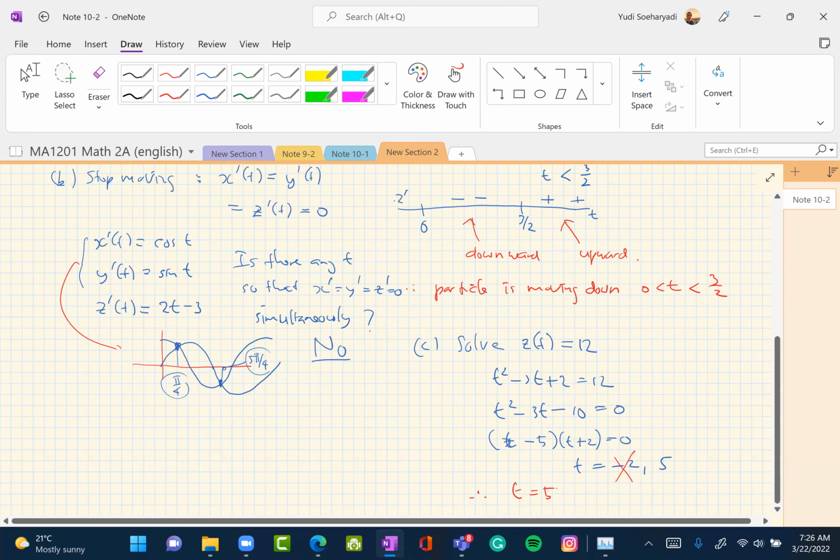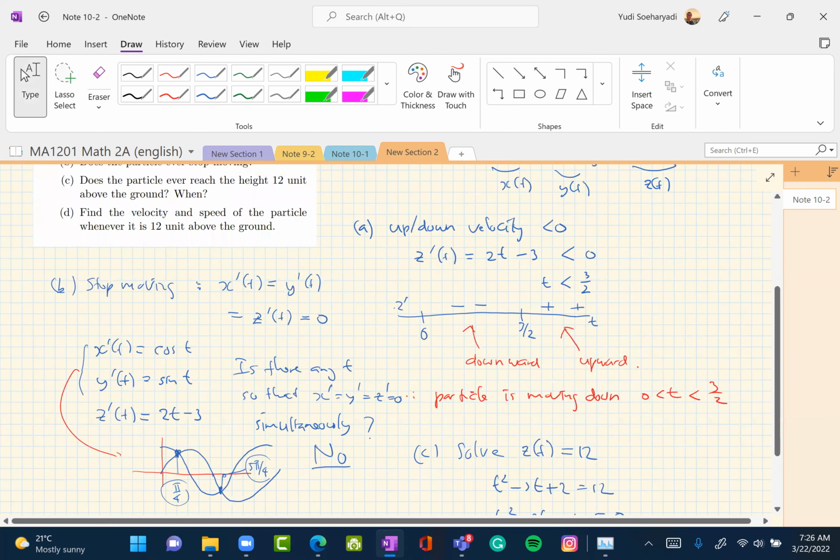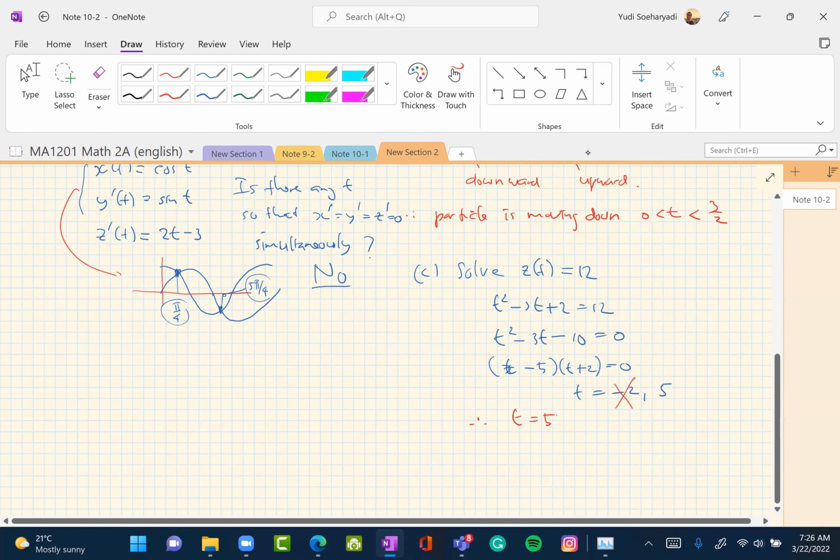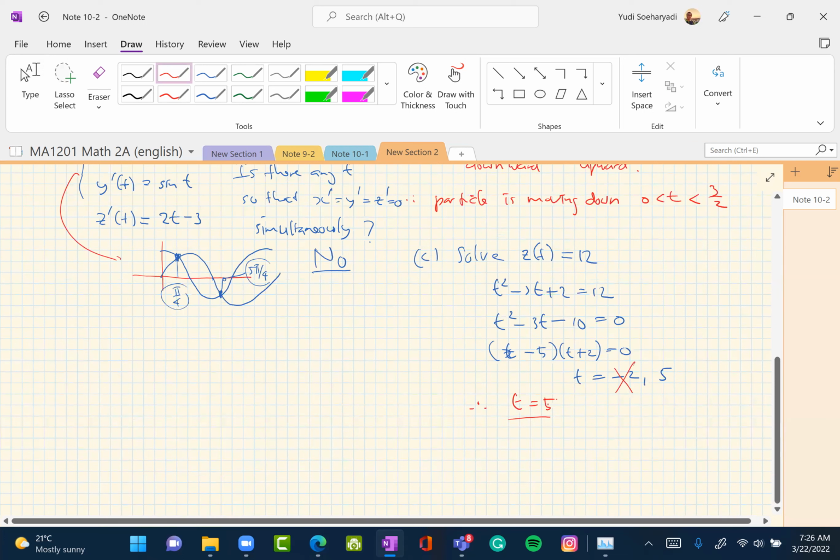Okay, and part D: find the velocity and speed of the particle whenever it is 12 units above the ground. So at this time, here, velocity, this is the velocity vector.